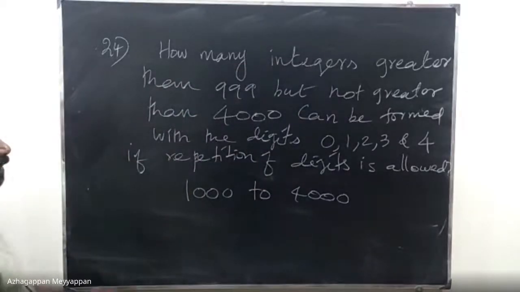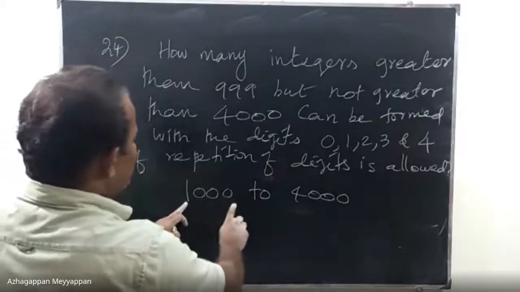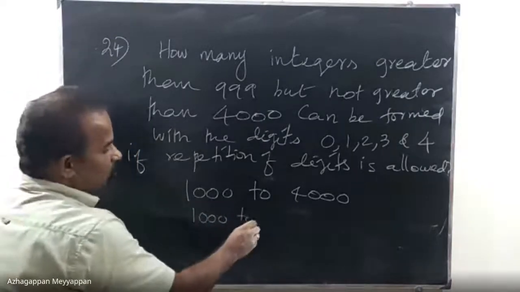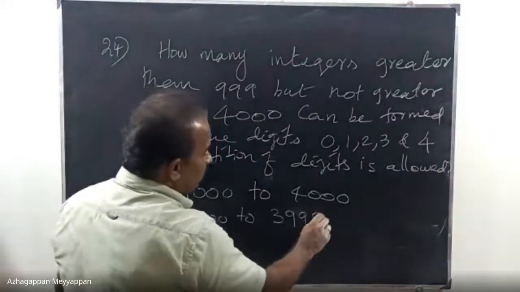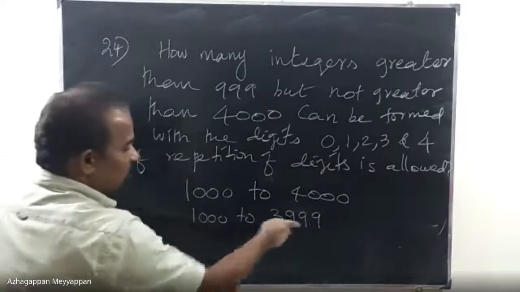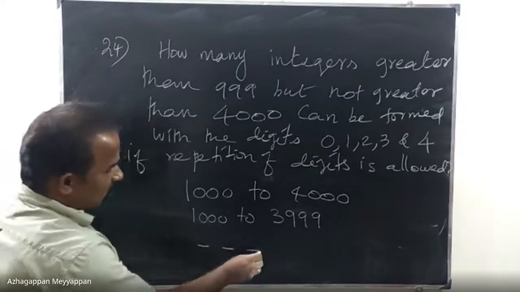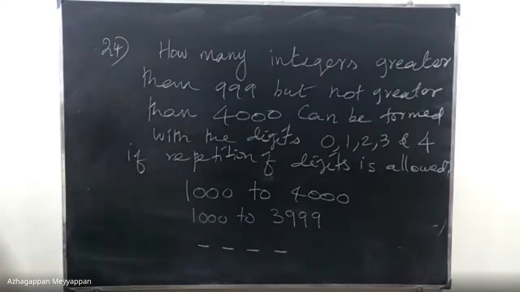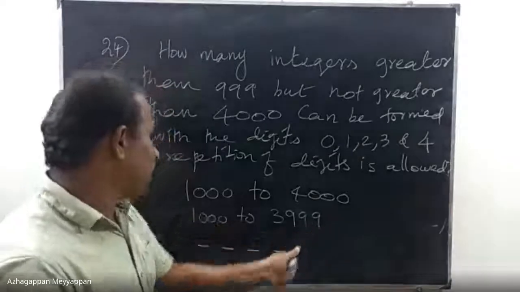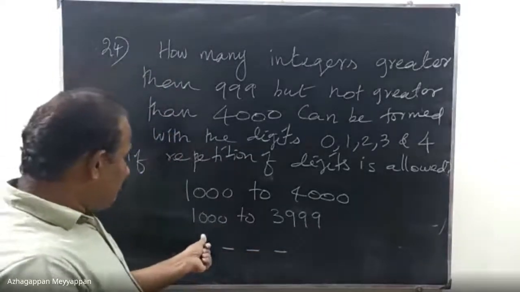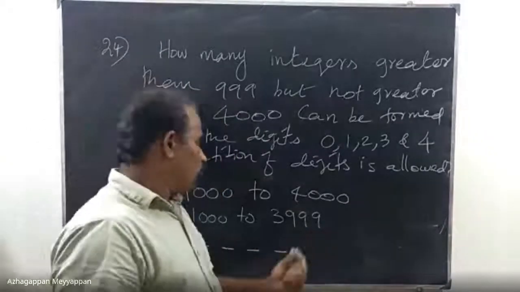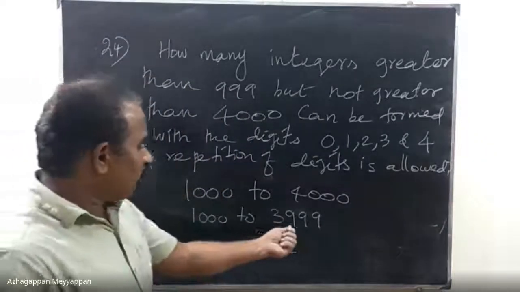So first of all, I am going to find out 1000 to 3999, because for the 4 digit numbers, if I take 4 here, above 4000 will also come. So I am taking up to 3999.